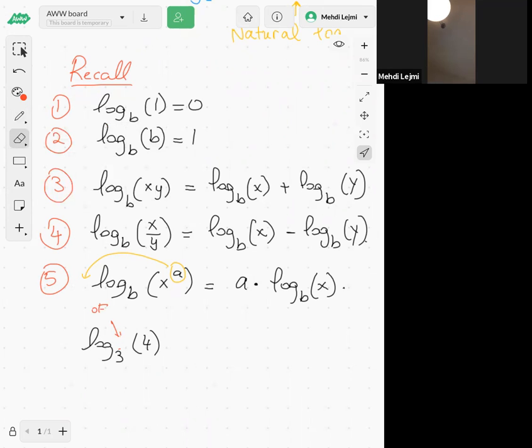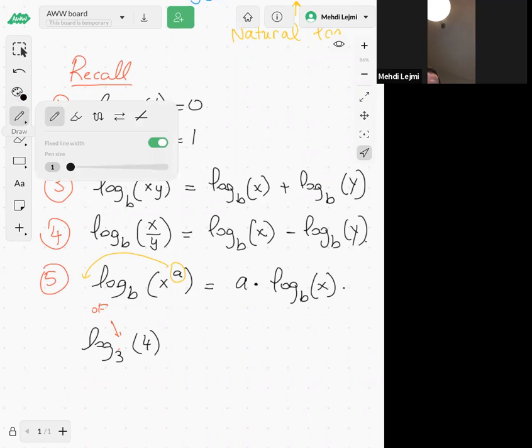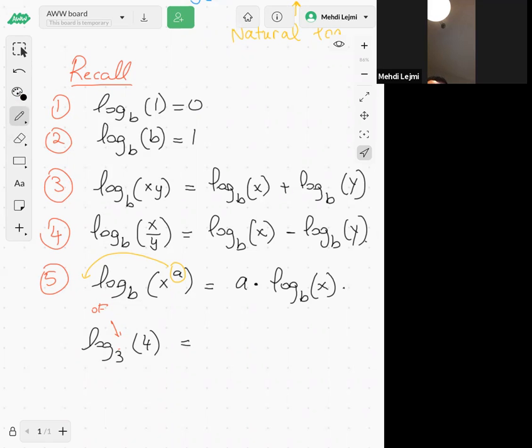You're applying the log to the number 4, and the log of 4 in base 3 is just some number. If you use your calculator, you can figure out what this number is. It's just some number, probably a decimal.